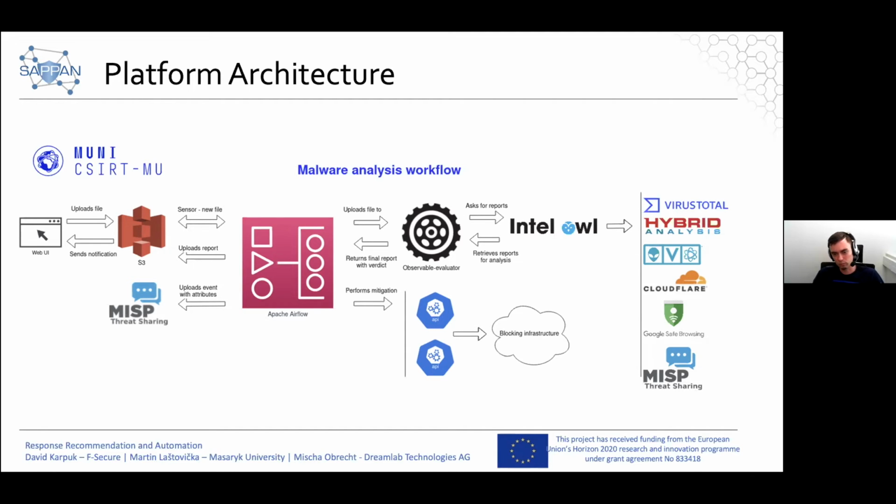So the automation platform queries all those tools for their analysis of the suspicious file. When the analysis is done, it's passed back to the observable evaluator. And why is it called observable? Because it extracts all the observables, which are IP addresses or domain names with which the suspicious file communicates, and recursively analyzes those observables through these third-party tools.